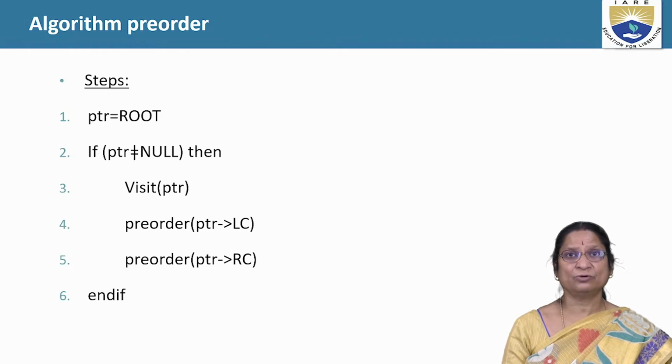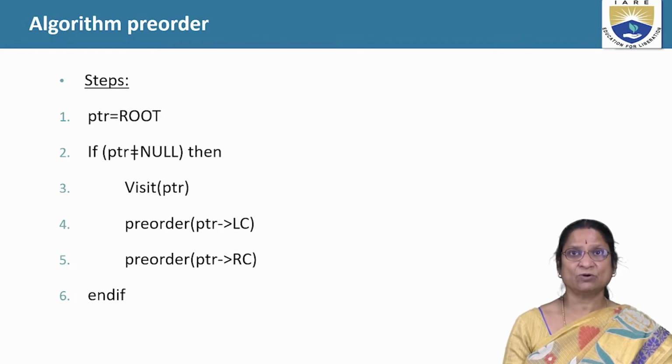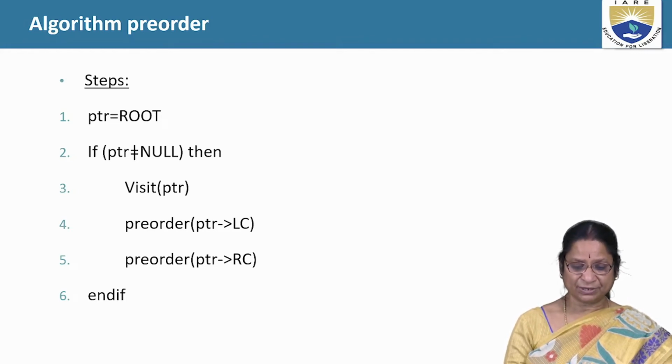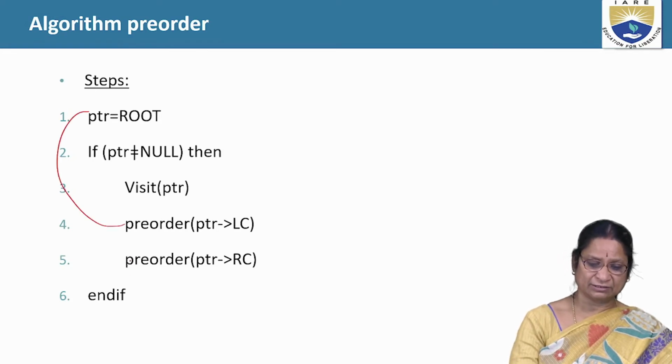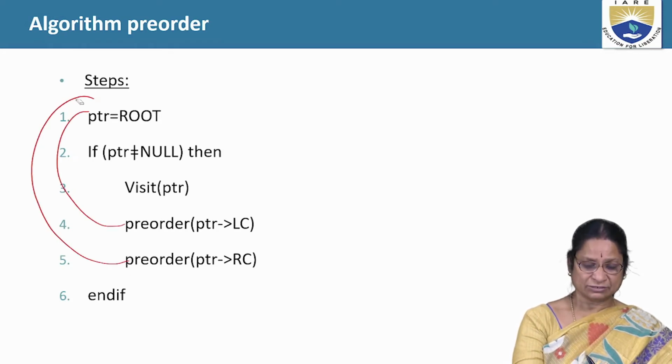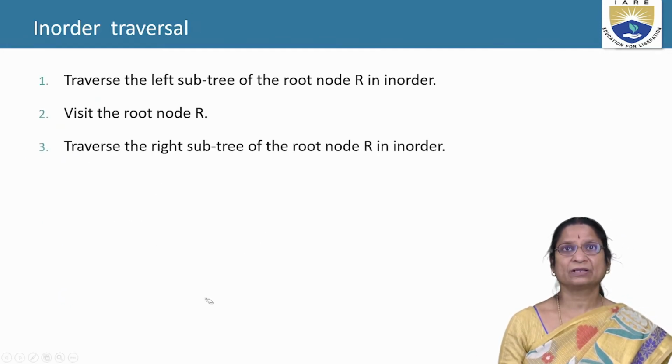So this is the way. Base condition is until PTR not equal to null. Visit PTR, then we recursively invoke pre-order, sorry, pre-order only for the left subtree as well as the right subtree.